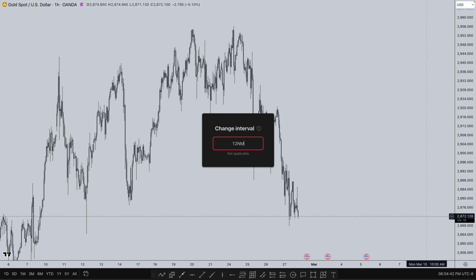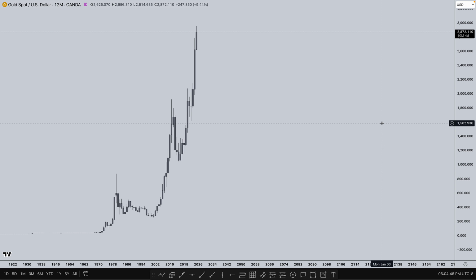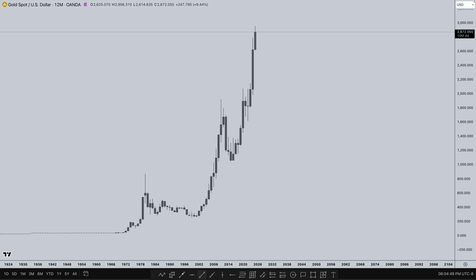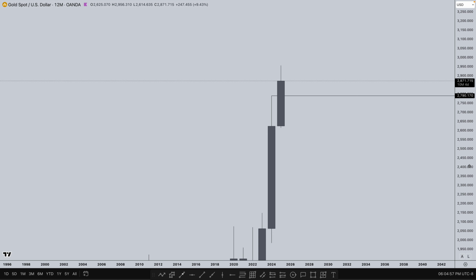Go to the 12-month. Rampage. I mean, this is essentially the closest structure that we have right now.